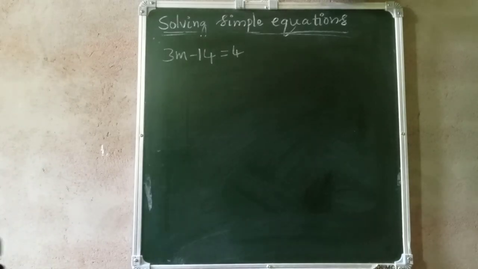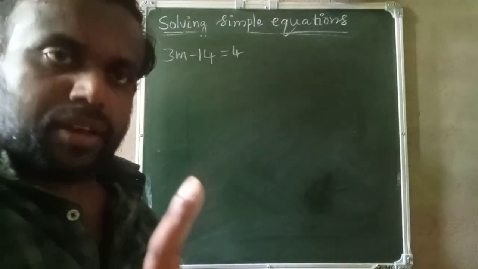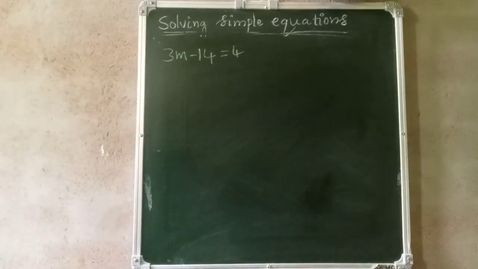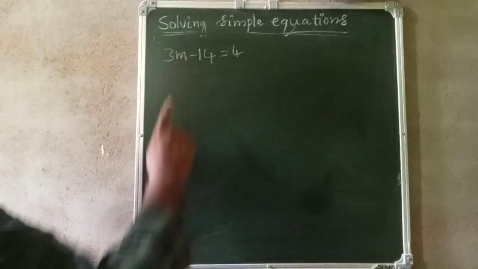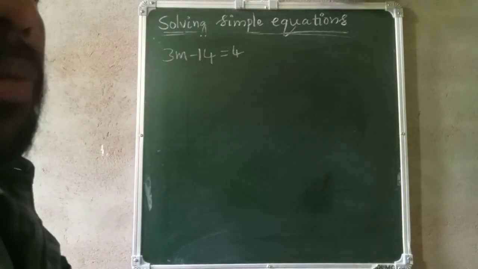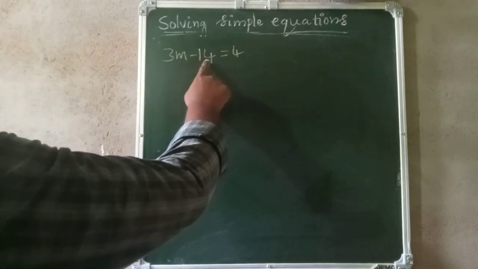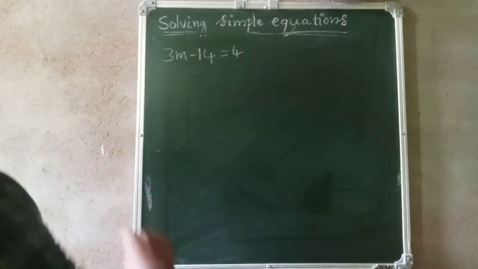So here in the previous case the variable was n, but here which is variable? So m is the variable here. Okay, this is a letter, alphabet letter. So this m is the variable and these are numbers.